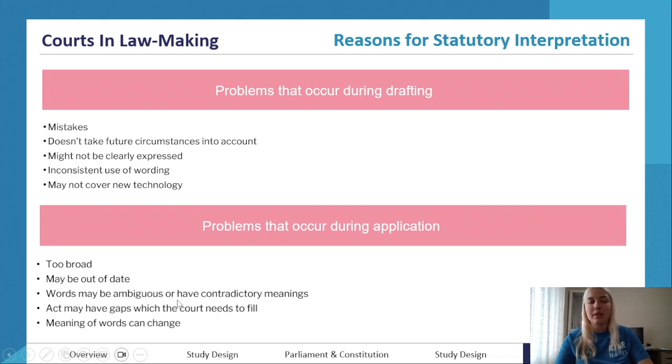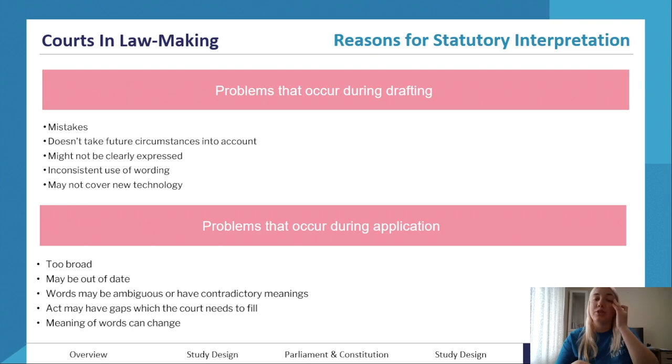Just some examples. Okay, now problems that occur during application include things like if the act or statute is way too broad and doesn't clearly define everything that might happen, if it is already slightly out of date and that's why it's difficult to apply it, if words are ambiguous, meaning unclear, or have contradictory meanings, if the act has gaps, which the court needs to fill, so circumstances that were not considered when drafting the act, and even the idea that the meaning of the words can change over time.